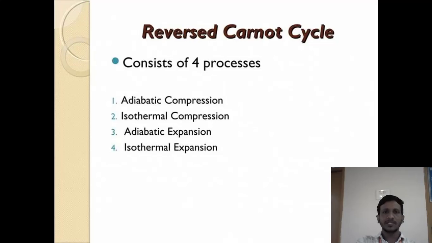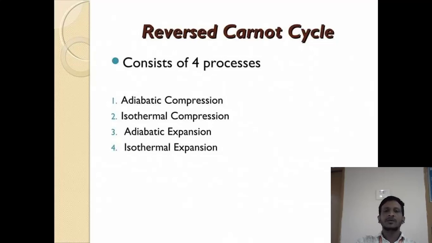The reversed Carnot cycle consists of four different processes: adiabatic compression, isothermal compression, adiabatic expansion and isothermal expansion. In adiabatic compression, entropy is kept at a constant level.